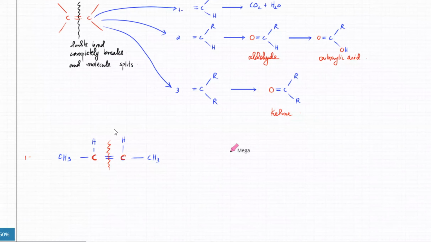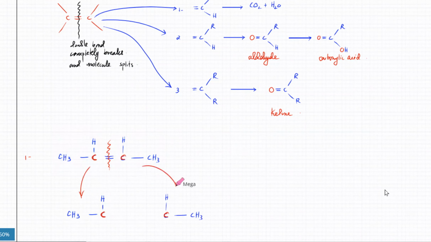So let's split the molecule into two pieces. That's one piece going in one direction, and that's the other piece going in the other direction. The two pieces are exactly the same, by the way. There was a double bond here, and the molecule has split up.